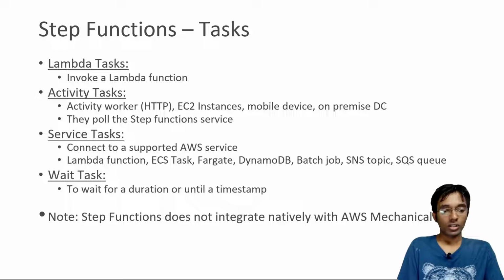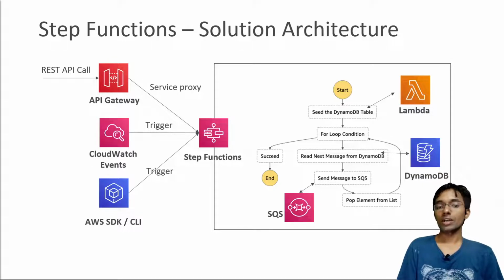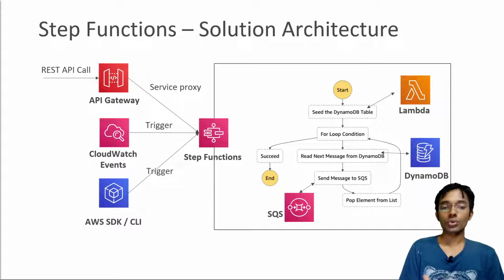So as a solution architecture, where does a Step Function fit into your entire structure? When I give you a Step Function and you need to trigger it, you can do a simple API call from the AWS SDK or CLI. You could also integrate it with CloudWatch Events to have something happen in CloudWatch Events and then trigger automatically your Step Functions workflow.